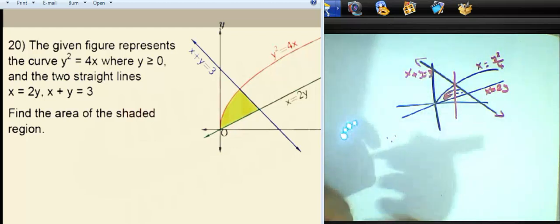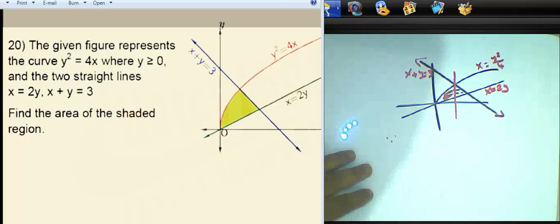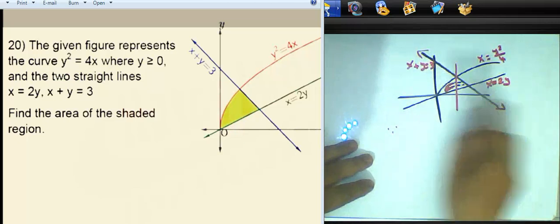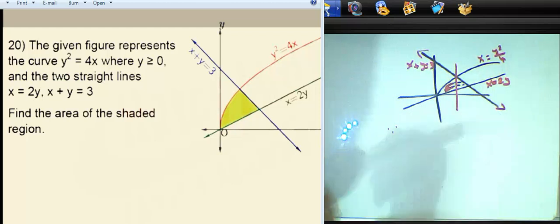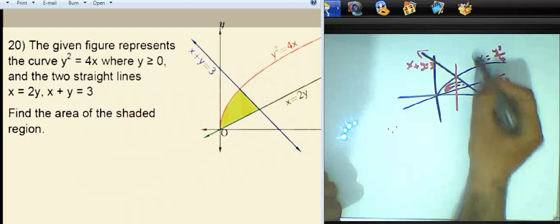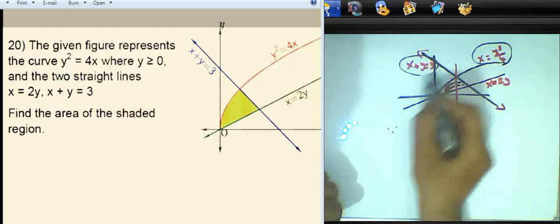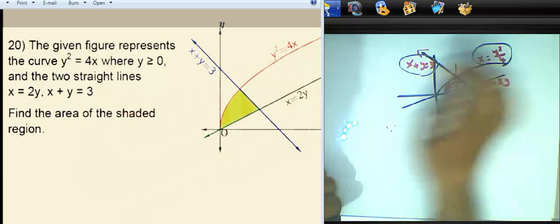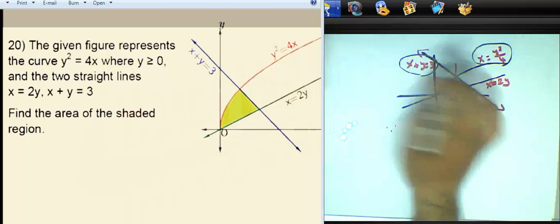Understood, my students? First, I will find the intersection point between the curve and the straight line. We know the curve is second degree and the line is first degree, so we must put x equals y squared over 4 in this equation.